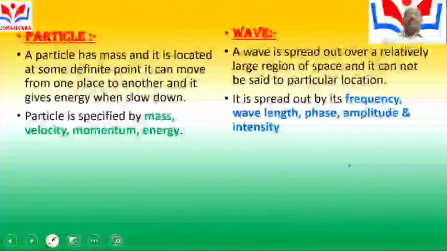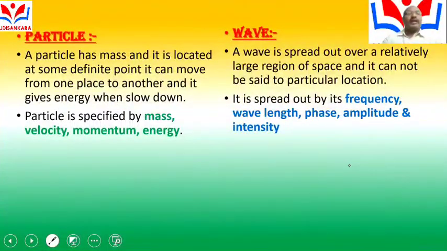So what is the major difference between particle and wave? A particle has definite mass and is located at some definite point. It can move from one place to another, and it gives up energy when slowed down.